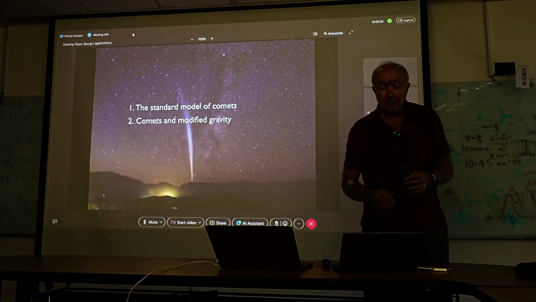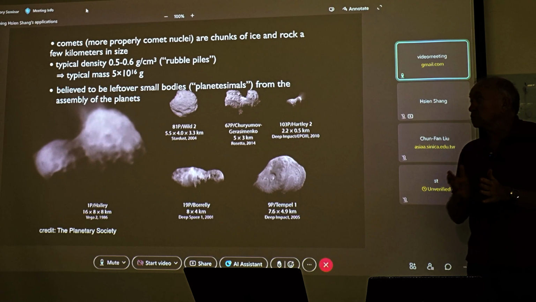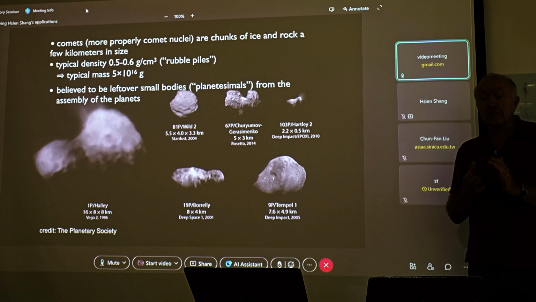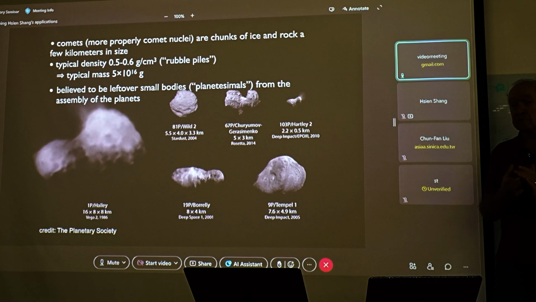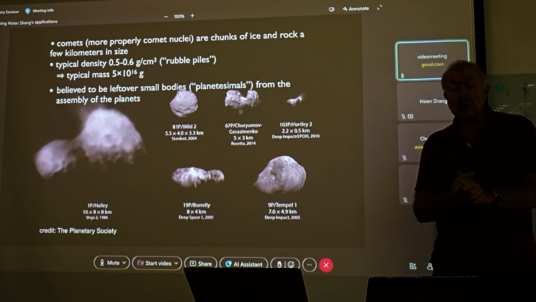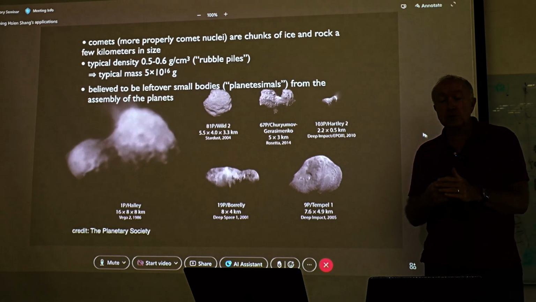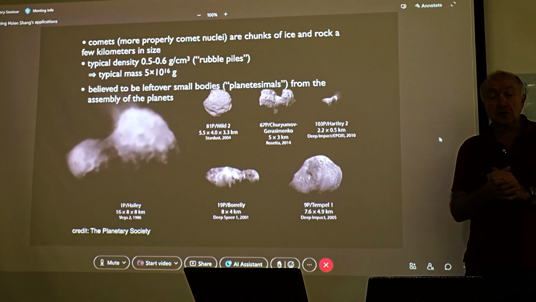So for the purposes of this talk, I'm not going to say much about the internal structure of comets. We can regard comets or cometary nuclei as pieces of ice and rock that are a few kilometers in size. The typical density is quite low. It's a fraction of a gram per cubic centimeter, which implies that comets are rubble piles with very little internal strength.